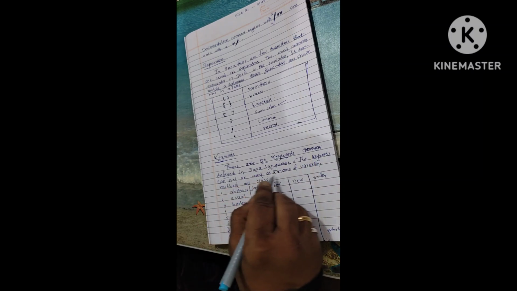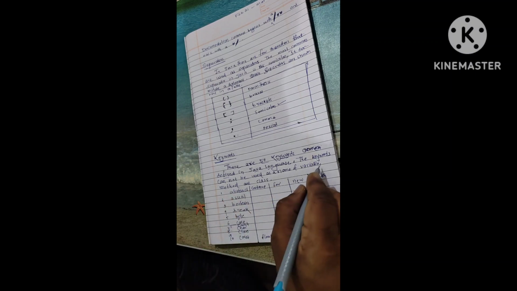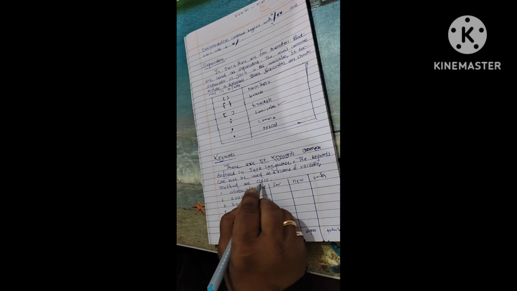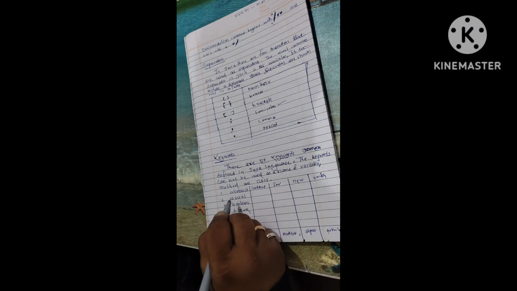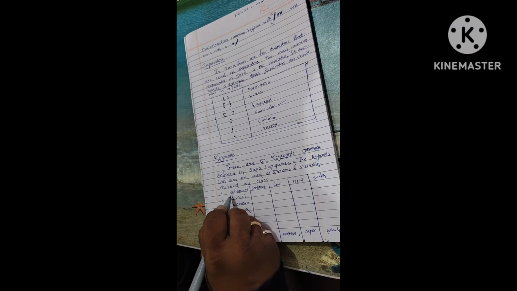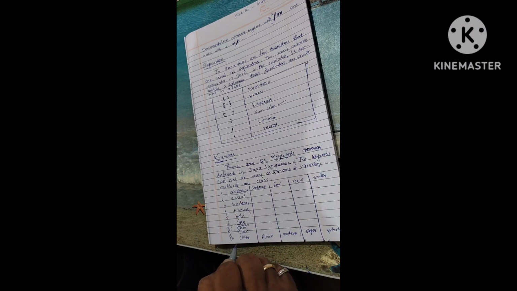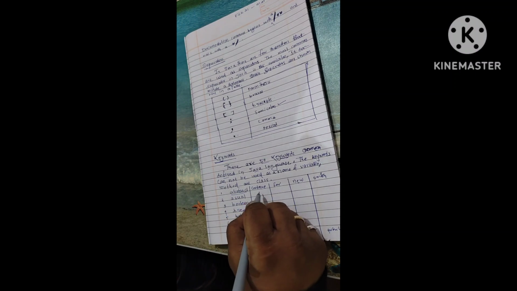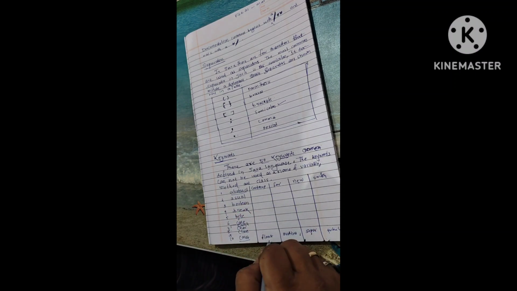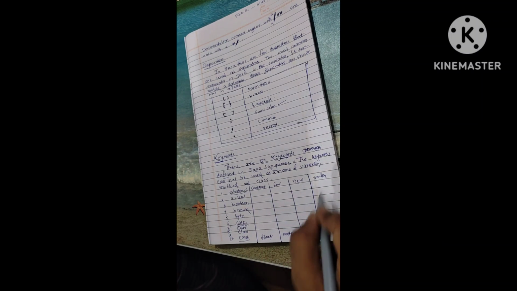The keywords cannot be used as a name of a variable, name of a class, or name of a method. There are 50 keywords, beginning from the abstract keyword in the first row to const. Similarly, in the second column, we can see here continue to float, for to native, new to super, switch to while.